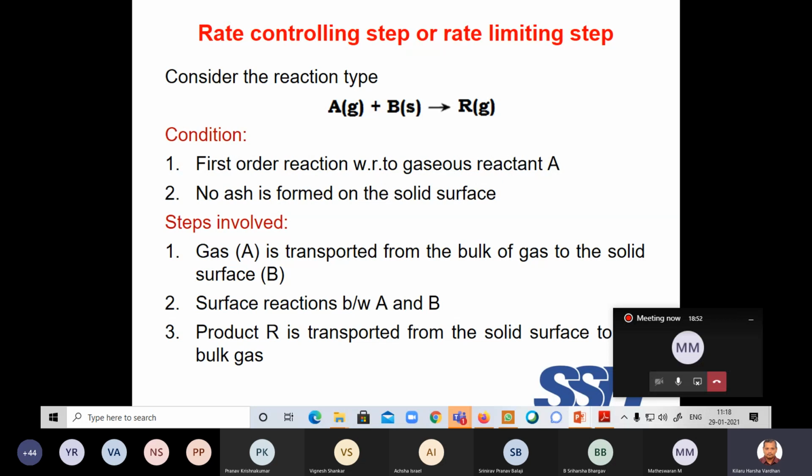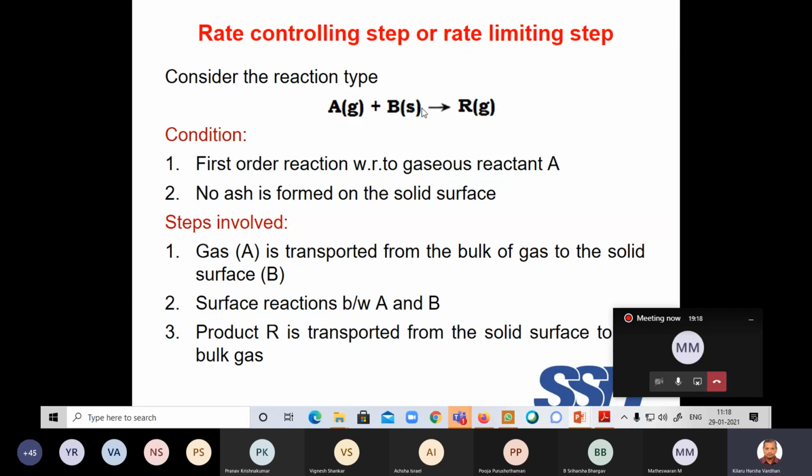So the solid can change size with respect to time, or the solid may not change size with respect to time. Let us assume there is no ash formed on the solid surface. Solid is getting reacted with gas and forming a gas as a product.